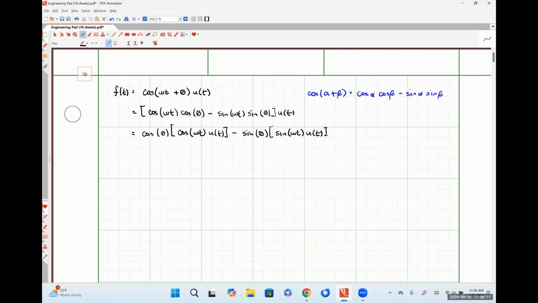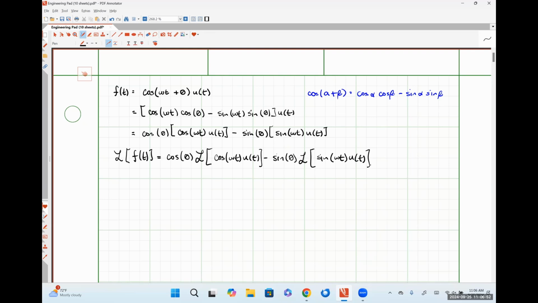So very easily, our Laplace transform of f of t, based on our prior knowledge, should just come out to be cosine theta times the Laplace transform of cosine omega t u of t, minus sine theta times the Laplace transform of sine omega t u of t.